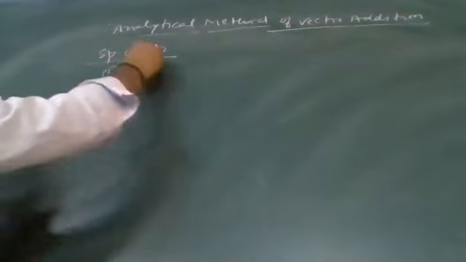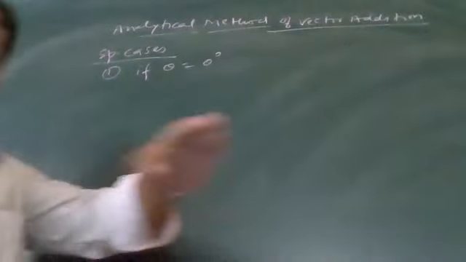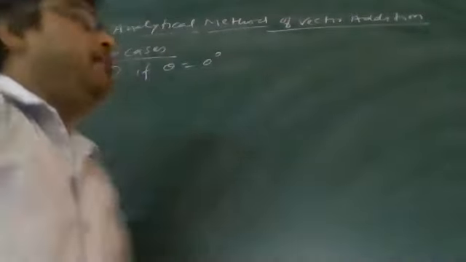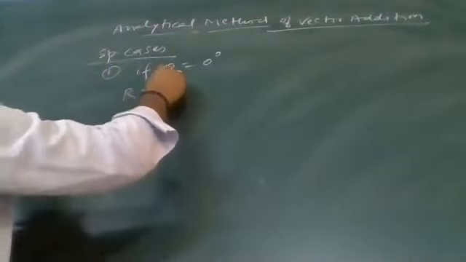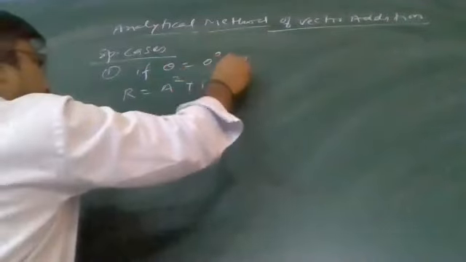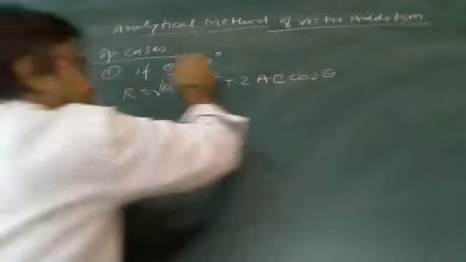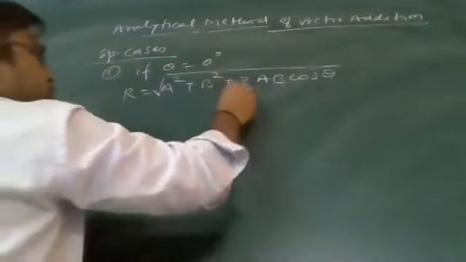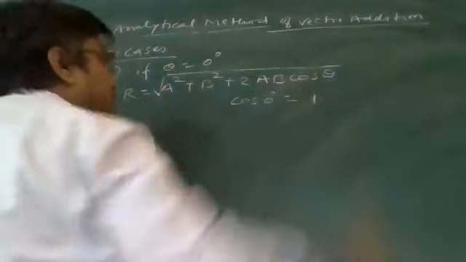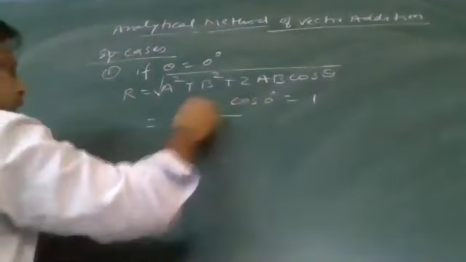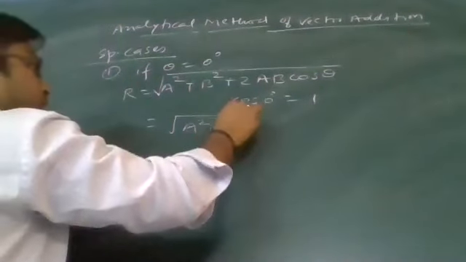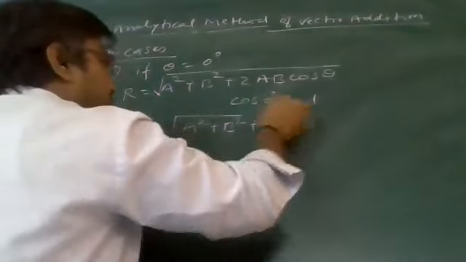First situation. If theta between both vectors is 0 degree, that is, both vectors are in the same direction, then what is the modulus? R you have calculated, A square plus B square plus 2AB cos theta. Now the question gives the value of theta as 0. Cos 0 is equal to 1. Then I can write it as A square plus B square plus 2AB.